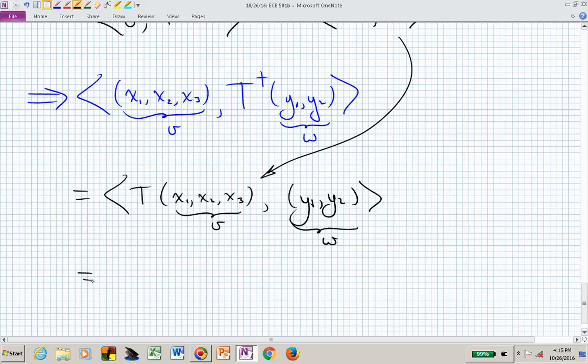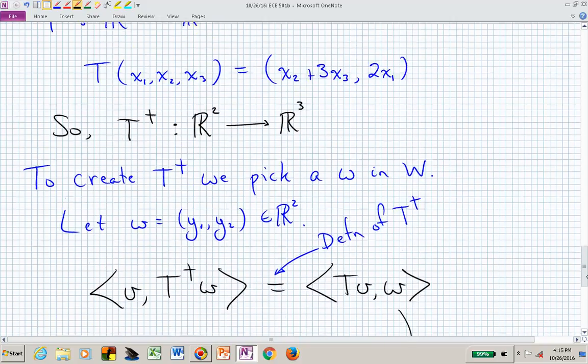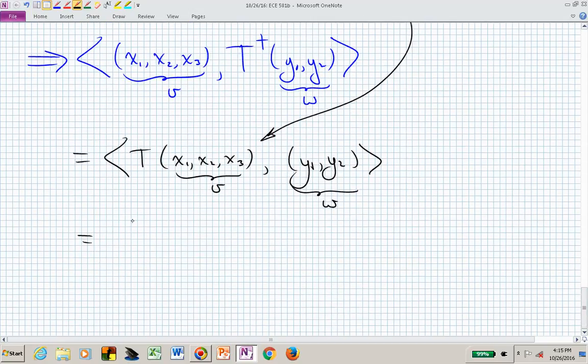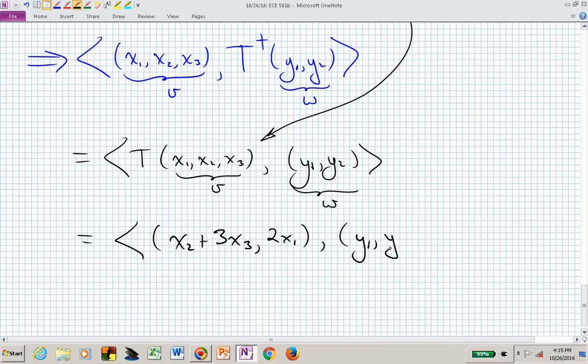And now let's perform the linear map T on that vector x1, x2, x3. And by definition, the first coordinate is x2 plus 3x sub 3, and the second coordinate was 2x sub 1. And we want that to be inner product with w, which is y1, y2.